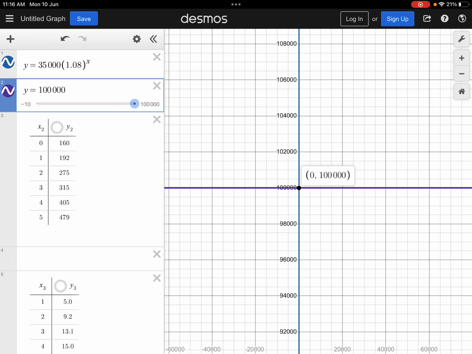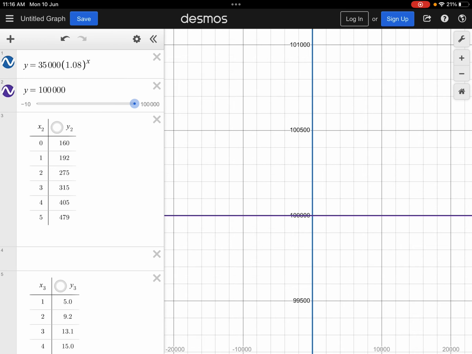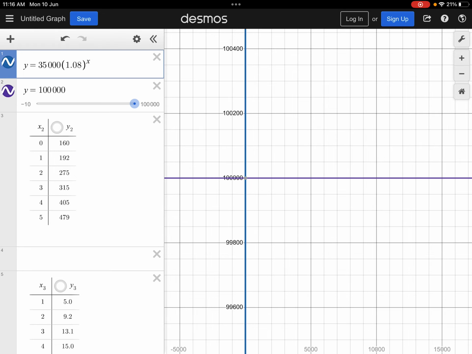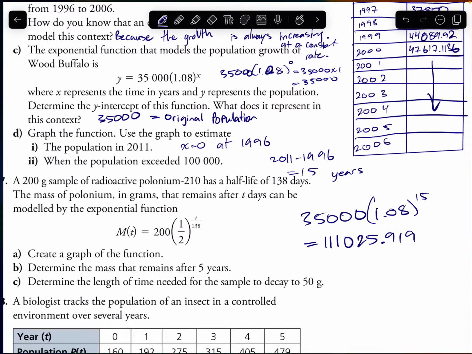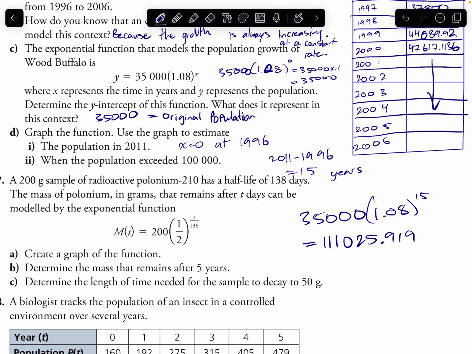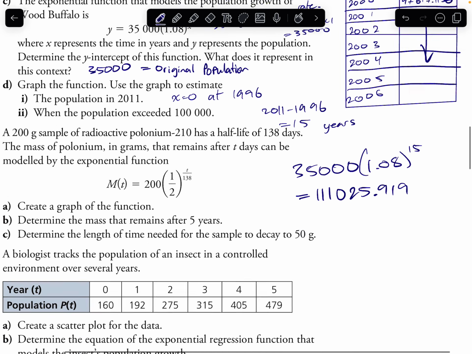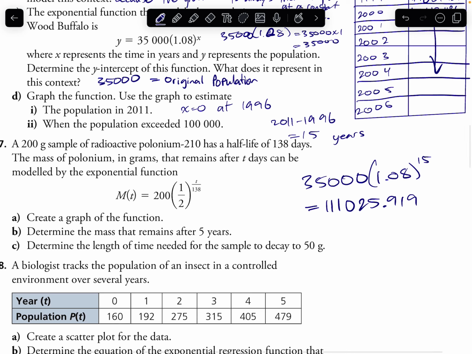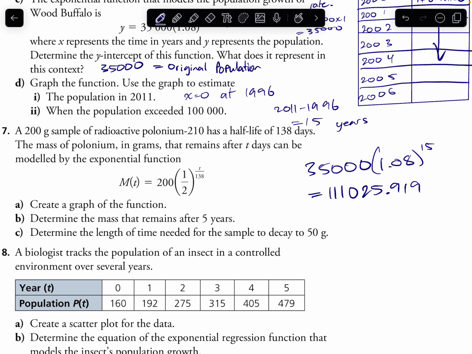And then find that point. There we go, 13.641. So 13.641 years after, so it'll be 2009.641, so mid-2009.